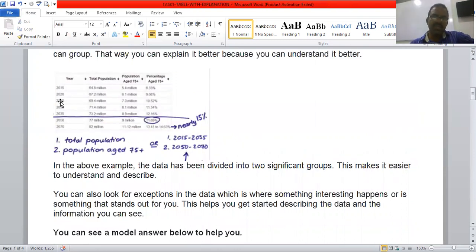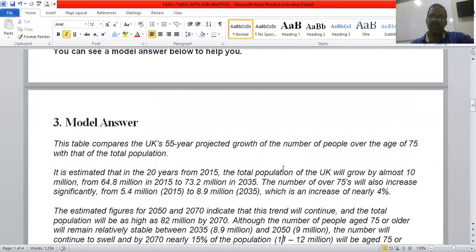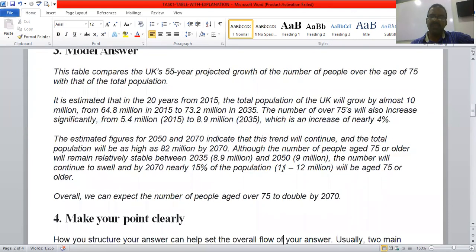Okay? In this table, you can see about the increase and the decrease.